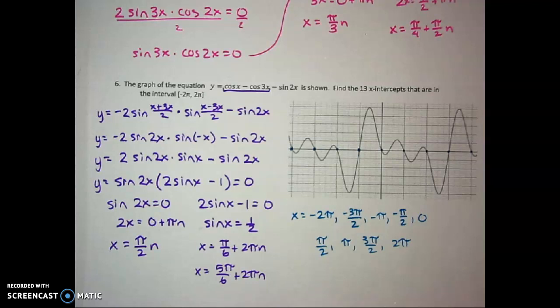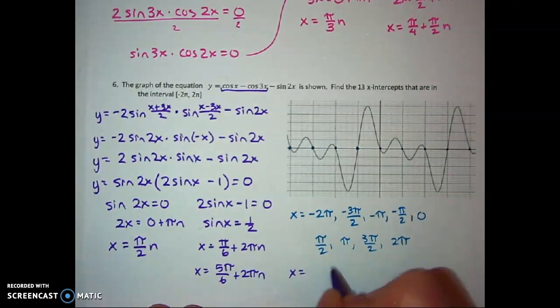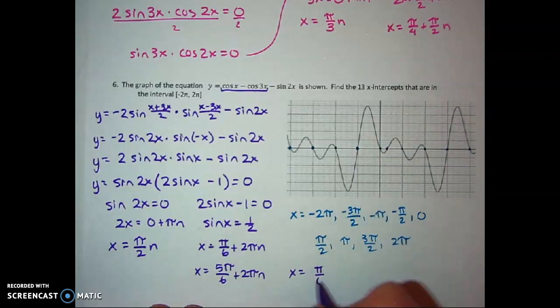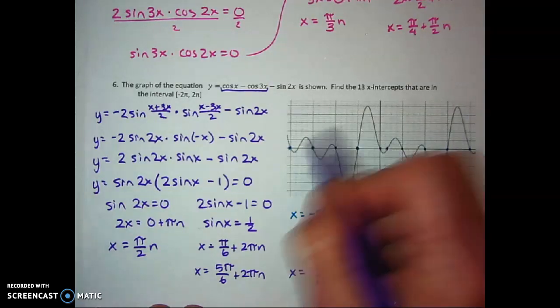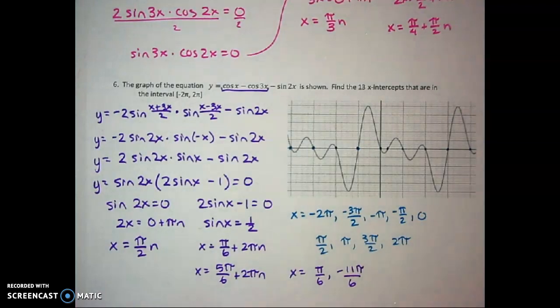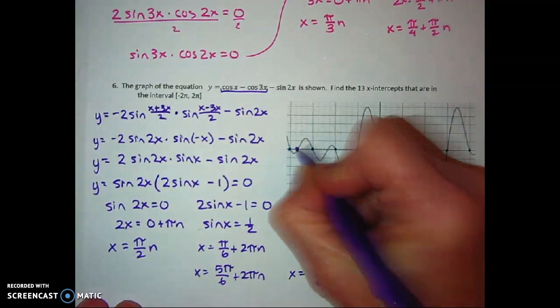Now I'm going to look at pi over 6. Well, it's at pi over 6. If I add 2 pi, I'm going to be beyond 2 pi, but if I subtract 2 pi, I'm going to be at negative 11 pi over 6. So that's going to be there and there.